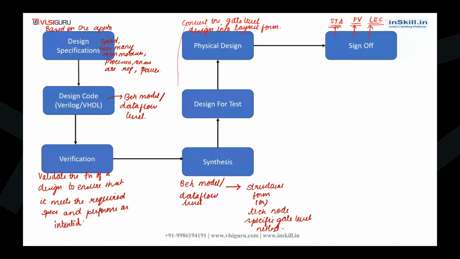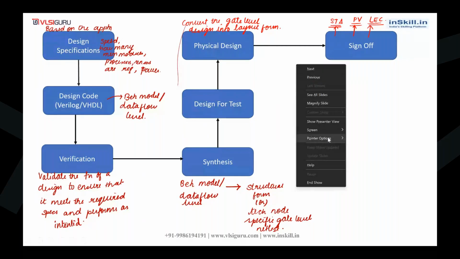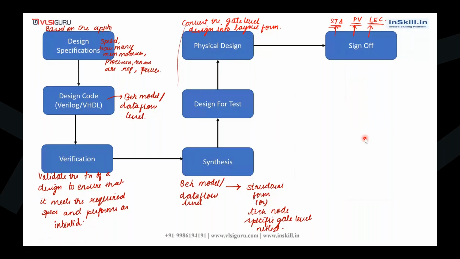Our design undergoes a lot of changes in each stage. We first had the behavioral and data flow level model form. At the time of synthesis, it got converted into a structural form, or a technology node specific gate level netlist.